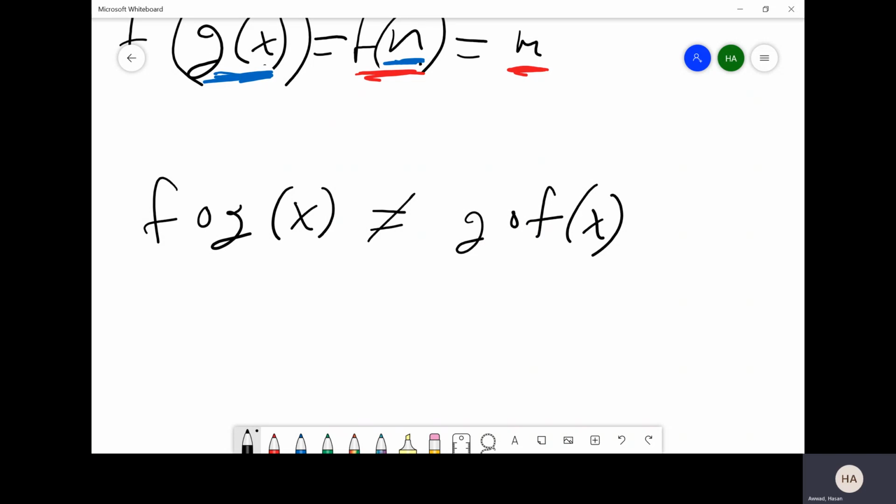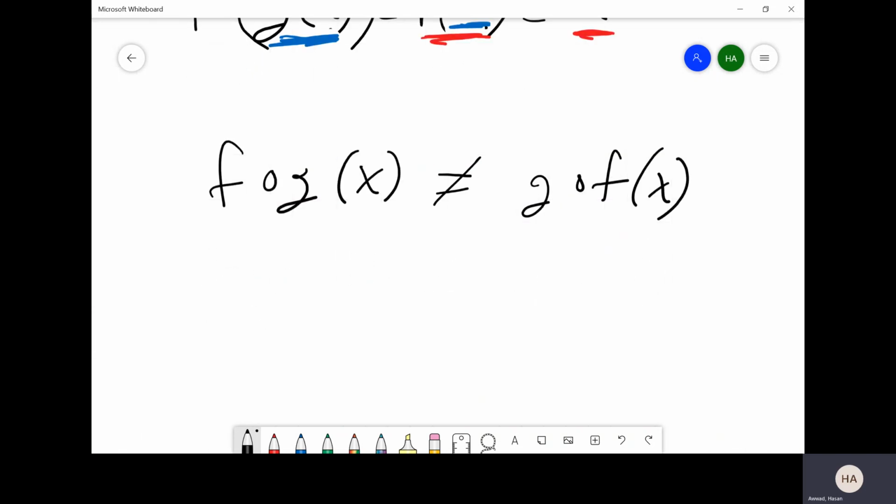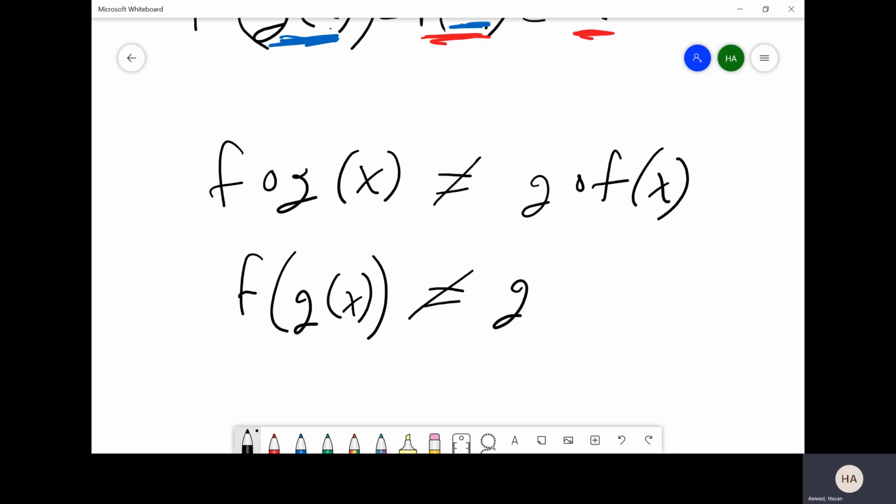But we just saw that f composed with g of x simplifies to f being on the outside, g being your inside function of x, and again it's not necessarily equal to g being the outside function, f being the inside function, and x still being whatever your input is. Okay, so order does matter here.